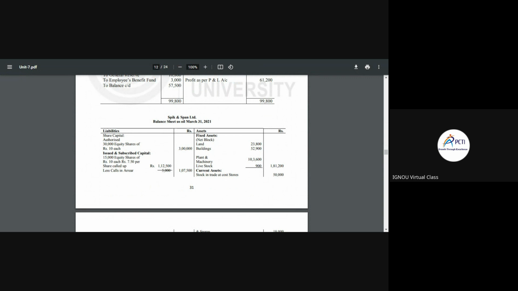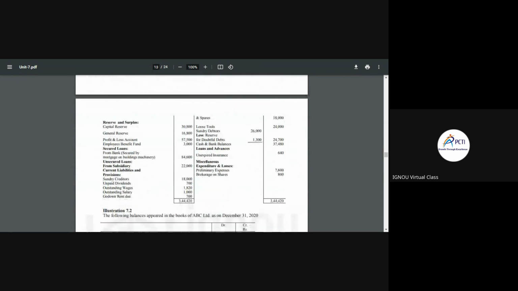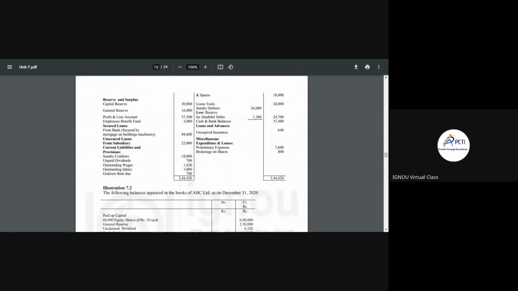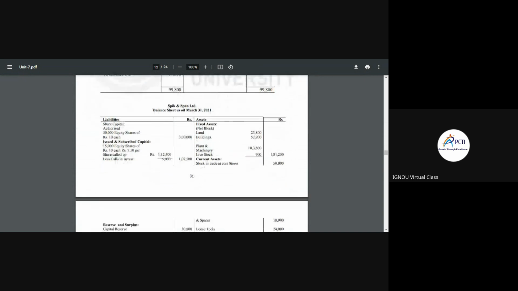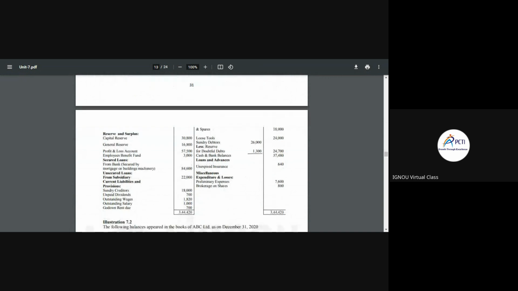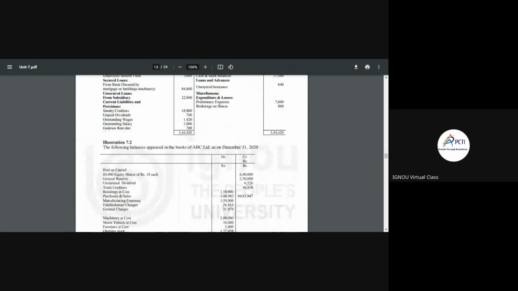On the asset side, you have fixed assets and current assets. On the liability side, you can show reserve and surplus, secured loan, unsecured loan from subsidiary, current liabilities and provisions. On the other side, you have fixed assets, current assets, then loans and advances, miscellaneous expenditure, and losses.